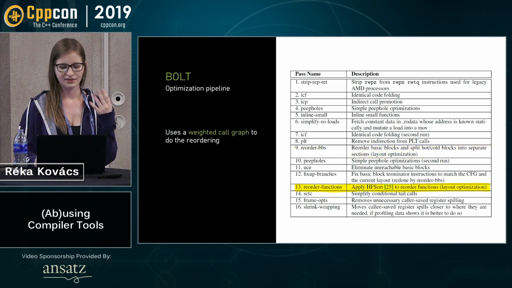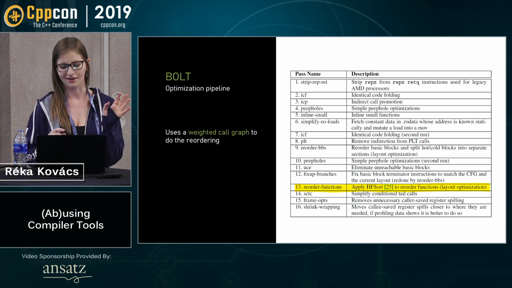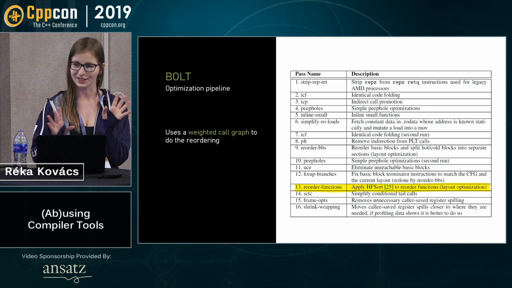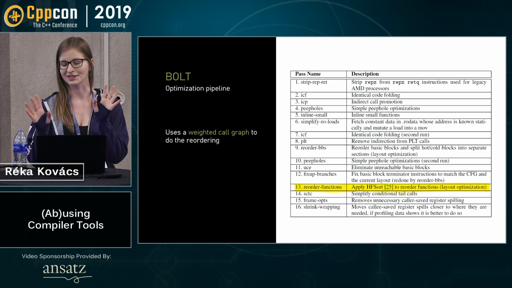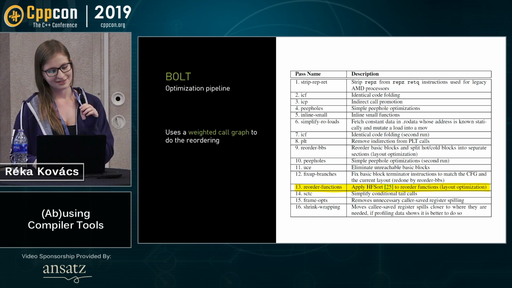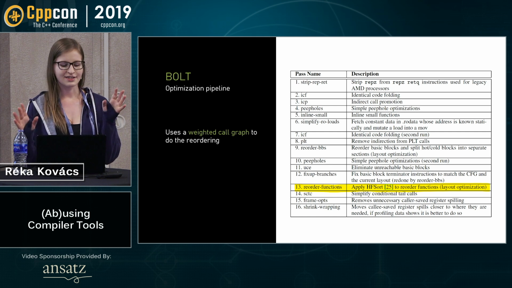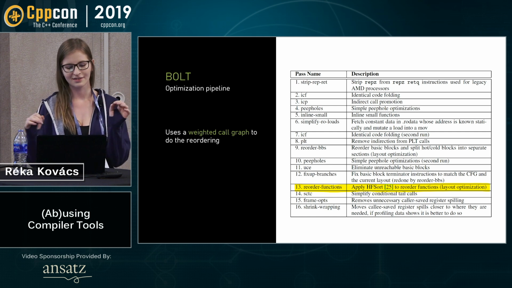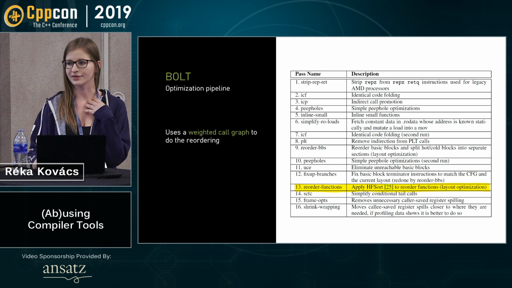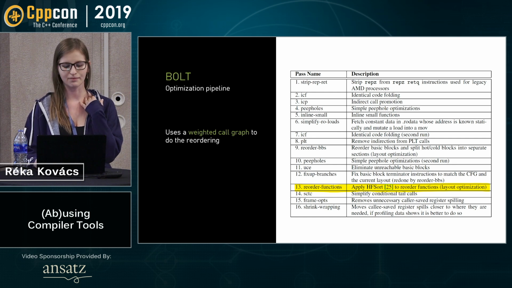And reorder functions is that link time layout optimization tool that I mentioned at the heat map slide. It uses a reconstructed weighted call graph to do the function reordering inside the binary.